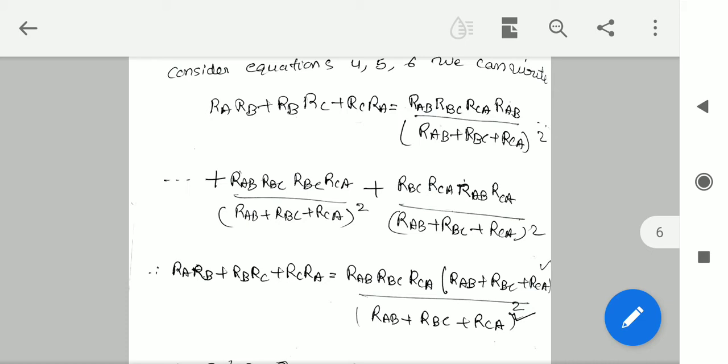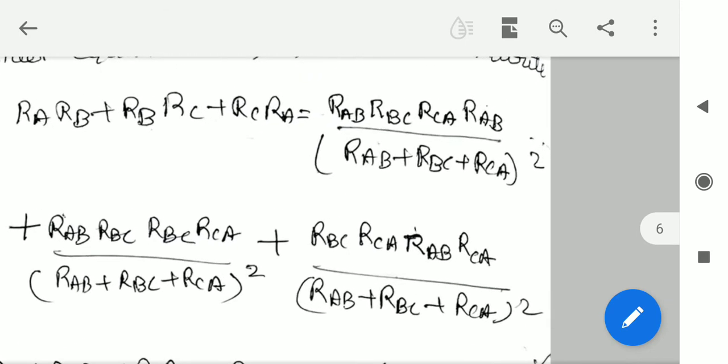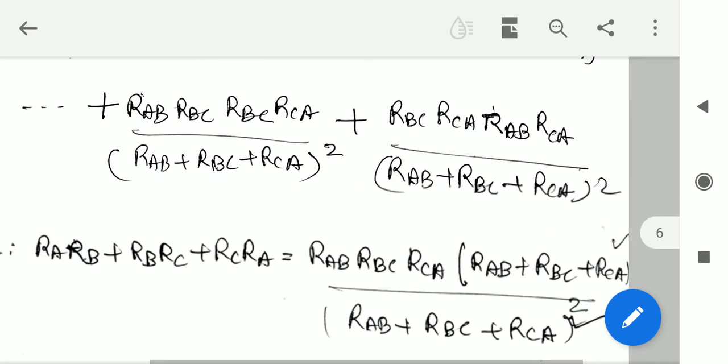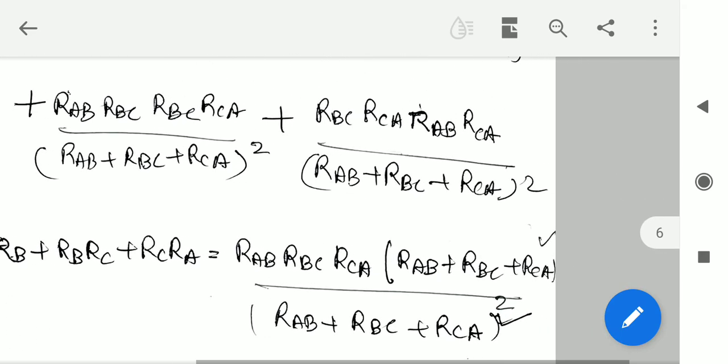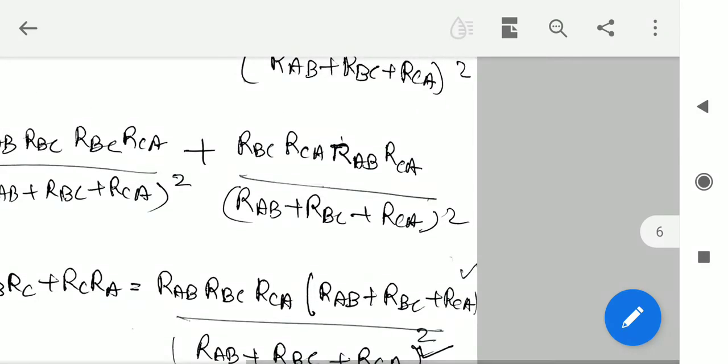What we can observe is that on the right hand side the denominators are the same, so I have written the denominator. In the numerator you can observe RAB, RBC and RCA is common in all the cases, so I have taken it as common. The extra term present in the first term is RAB, in the second term RBC, and RCA.